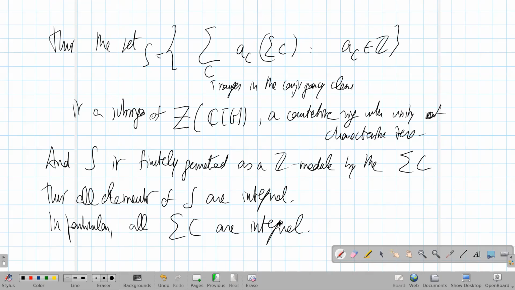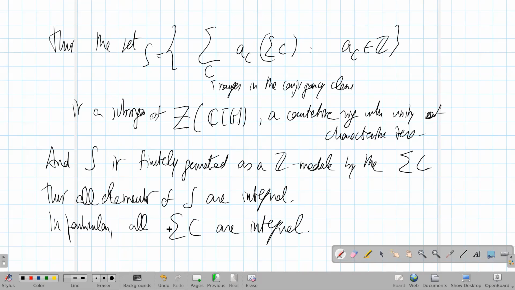Note that this is a quite indirect proof. We have proved that if you take a conjugacy class and take the sum of its elements, then this is an integral element. So it will be a root of a monic polynomial with integer coefficients. We have not, however, named this polynomial explicitly.